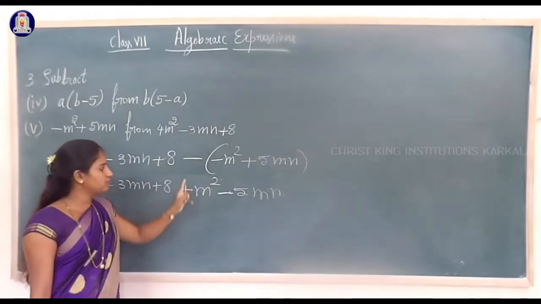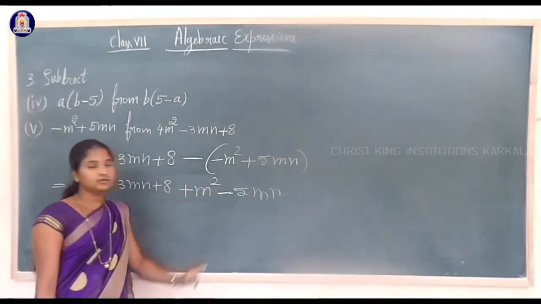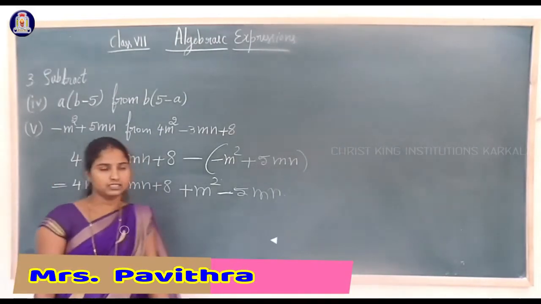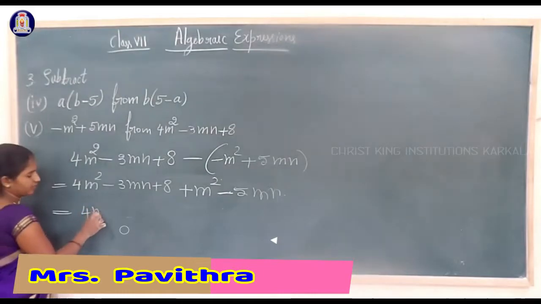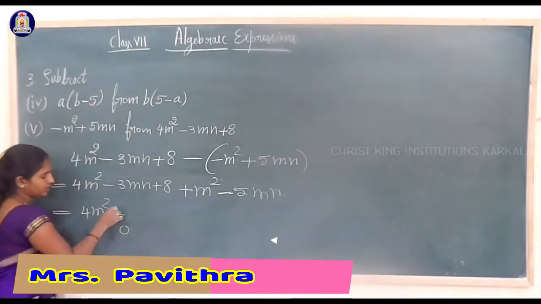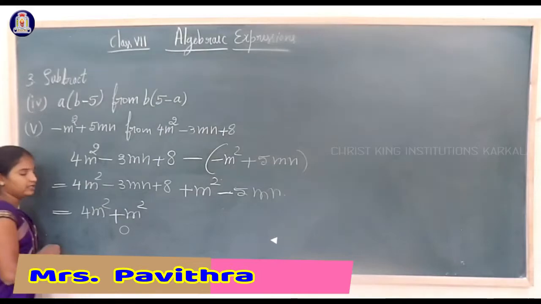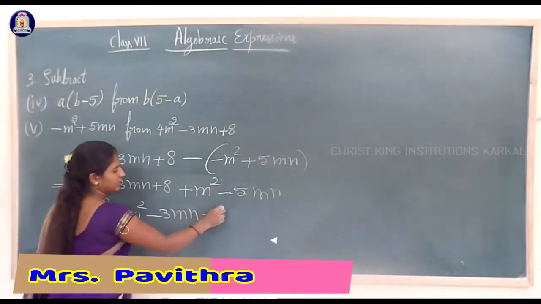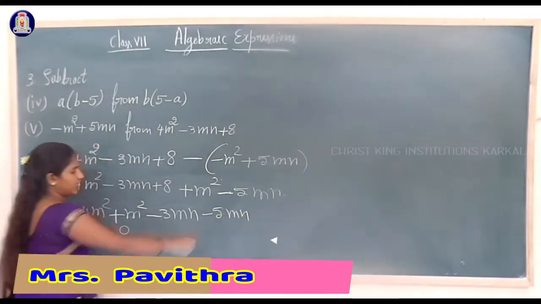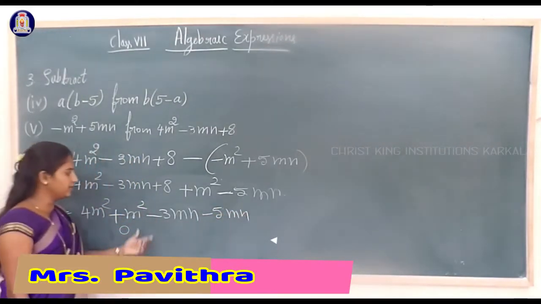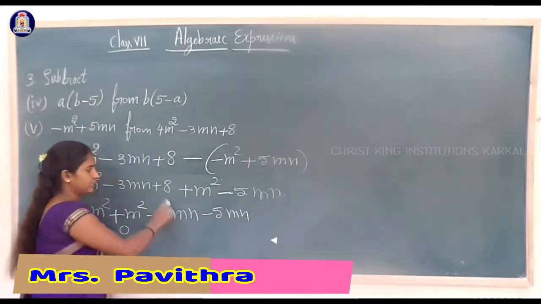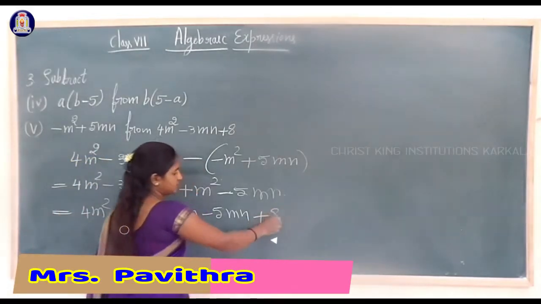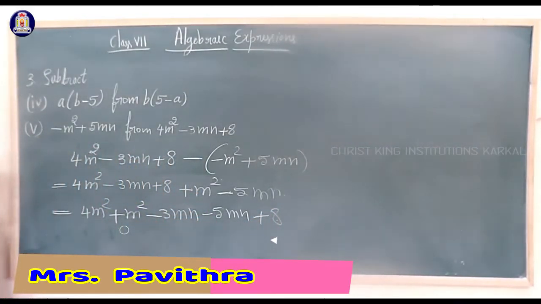So next step, write like terms together. 4m square and m square are like terms. Minus 3mn and minus 5mn are like terms, having the same variable with the same exponent. And the remaining constant is plus 8.